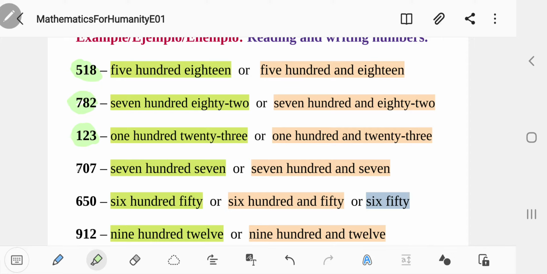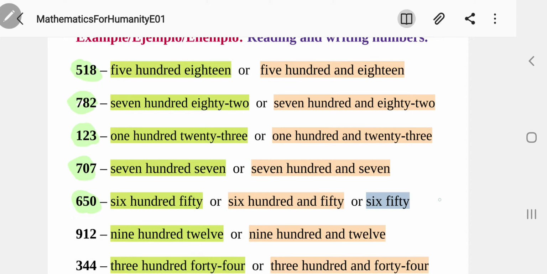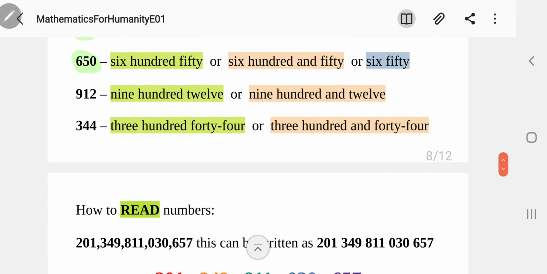This one is 707. This one is read as 650, or informally you can just read this as 650. There's also this number.